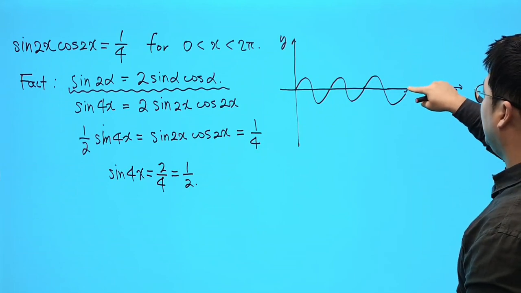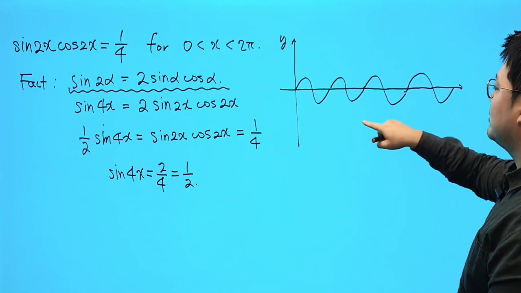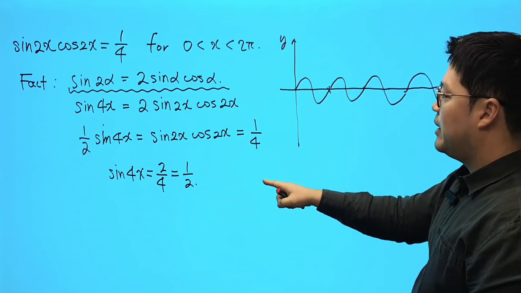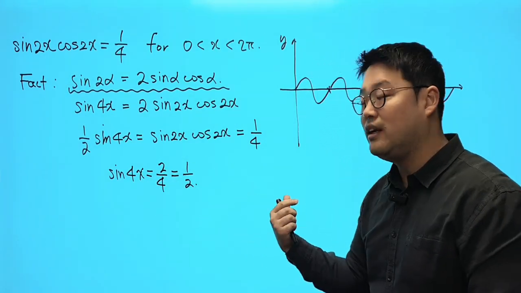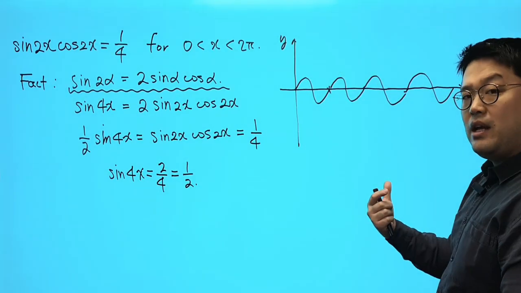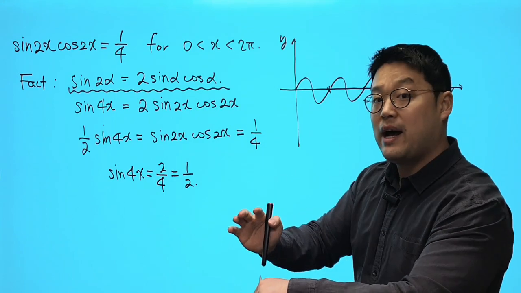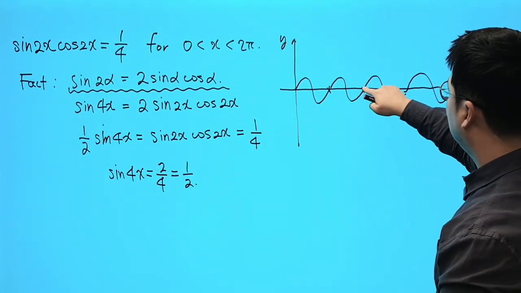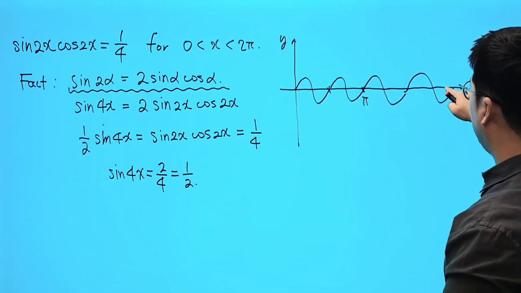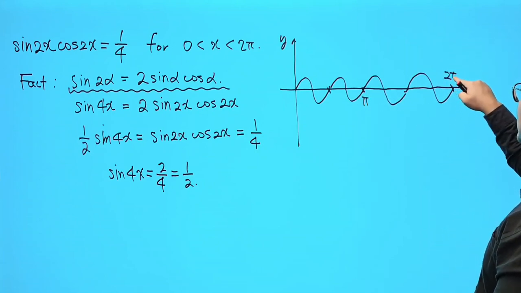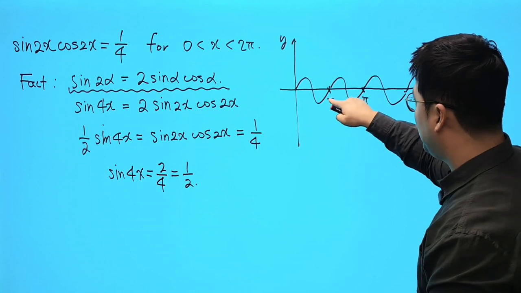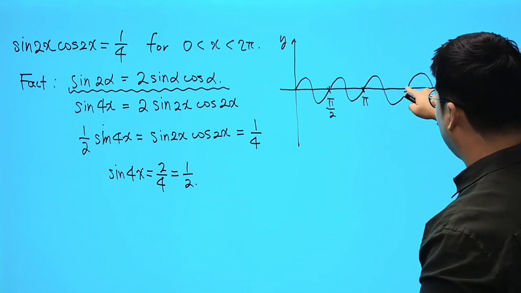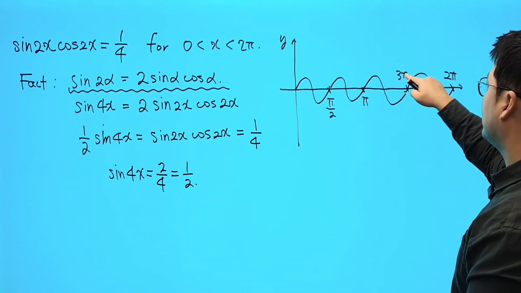If I sketch the cycle like this, the 4x actually tells us that it's being shrunk by a factor of 4. So we have π, we have 2π, and this is going to be π/2, and that shall be 3π/2.